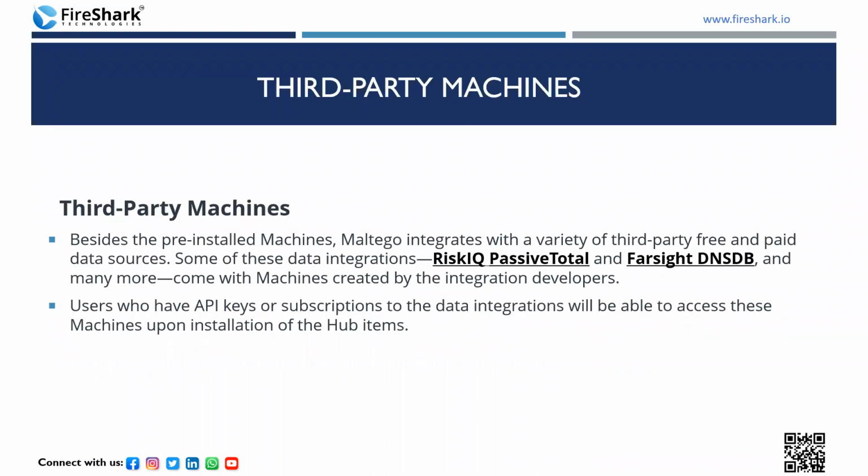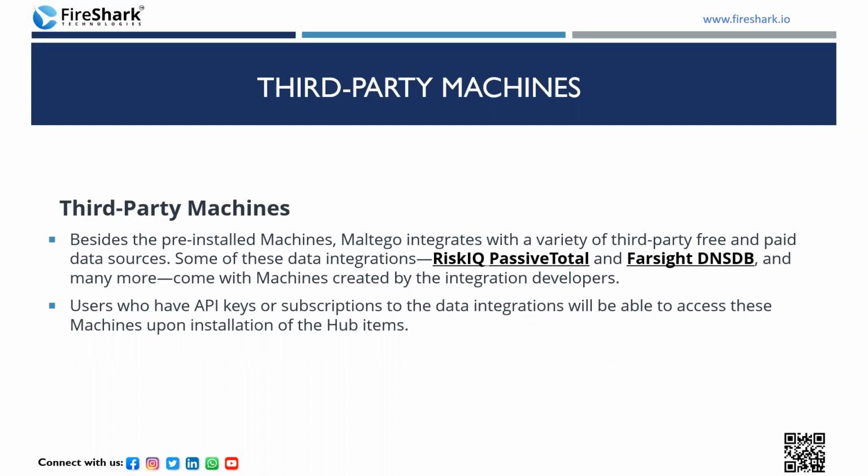Third-party machines. There are some third-party machines as well. Besides the pre-installed machines, Maltego integrates with a variety of third-party free and paid data sources. Means some will be paid, and some third-party ones will be free, and we can install them.